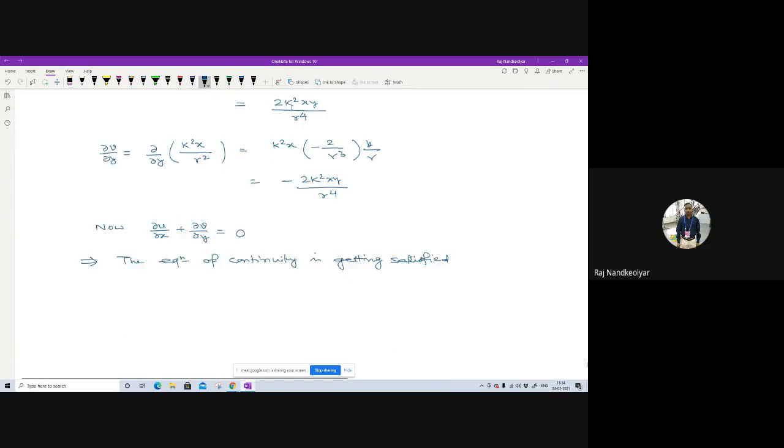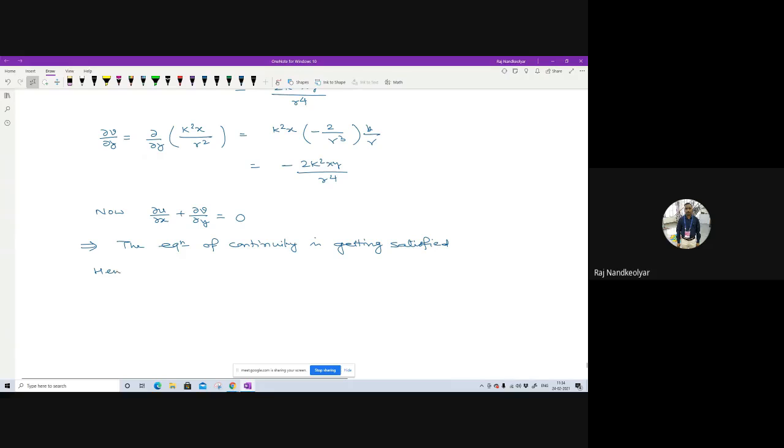Hence, the q vector is a possible velocity vector for the motion of an incompressible fluid. I hope it is clear to everyone. Any doubt in this?